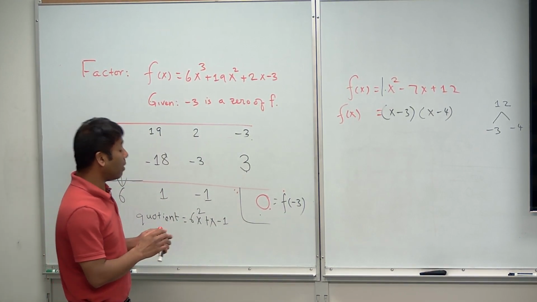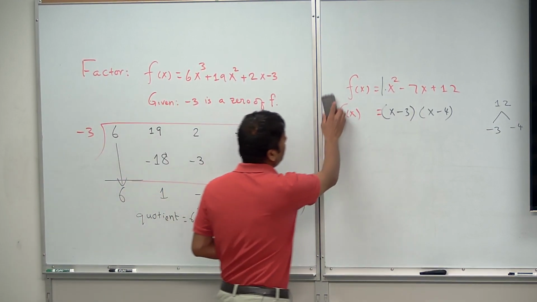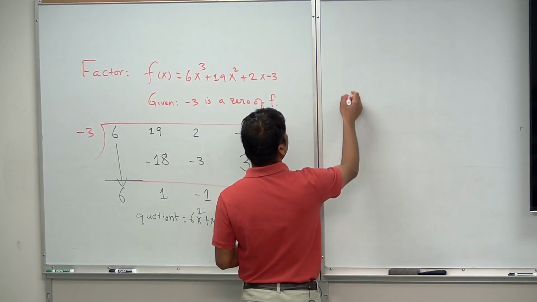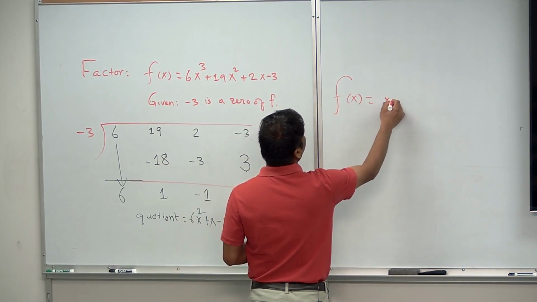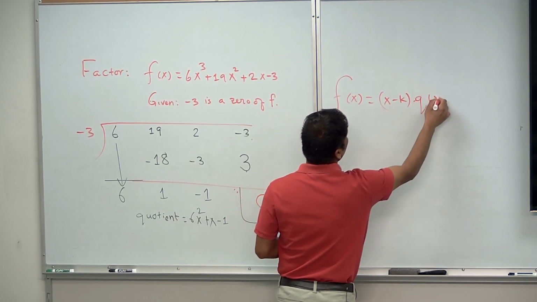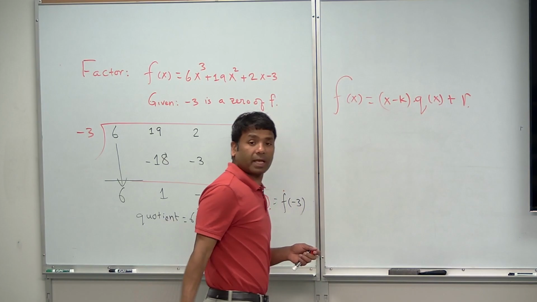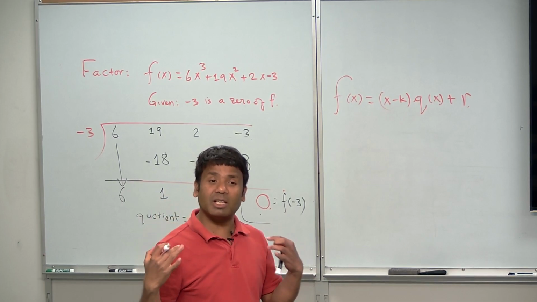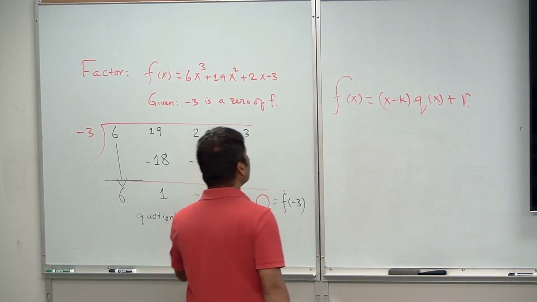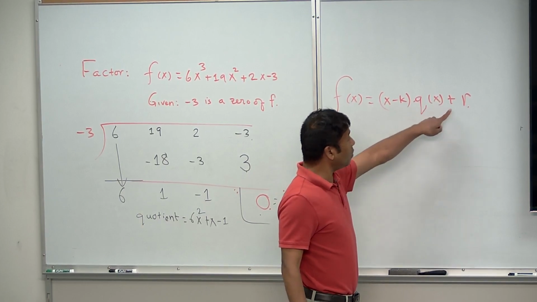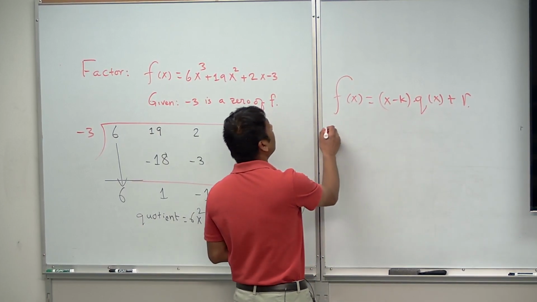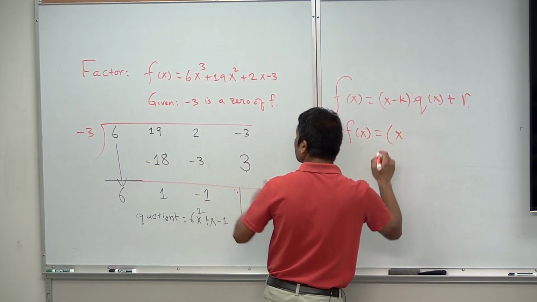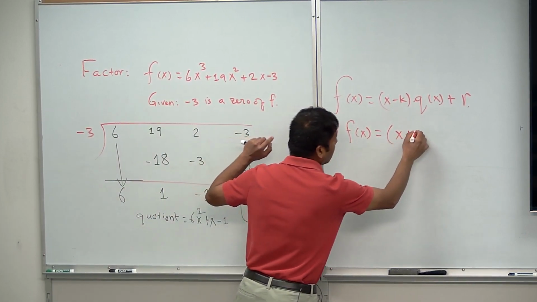Now, remember the division algorithm. It tells you f(x) equals (x minus k) times q(x) plus the remainder. The remainder theorem is a special case of the division algorithm. In your case, x minus k means x minus negative 3, which is x plus 3.